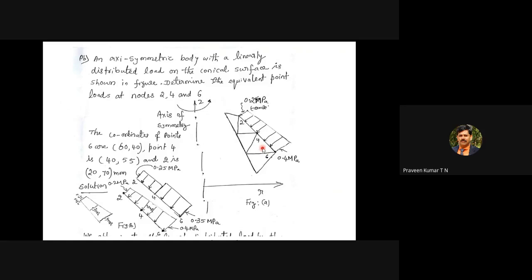Imagine this is the bottom triangular element and this is the top triangular element. Each triangular element has three sides or edges, but the surface load is not acting on all three sides. It acts on only one side.